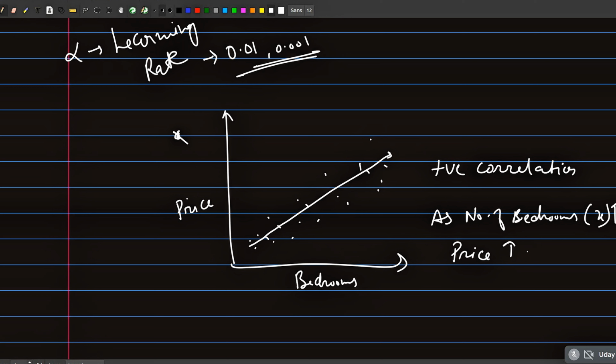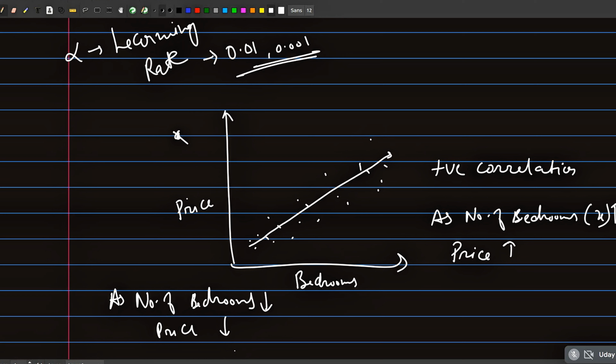What will negative correlation be? Someone tell me. Will it be as the number of bedrooms decreases, the price decreases?